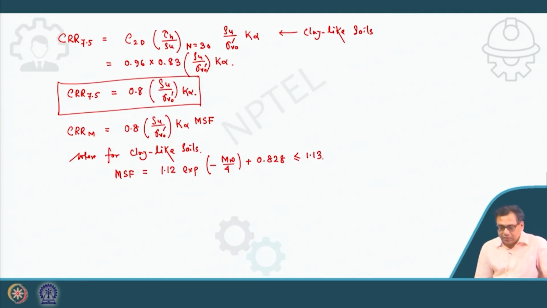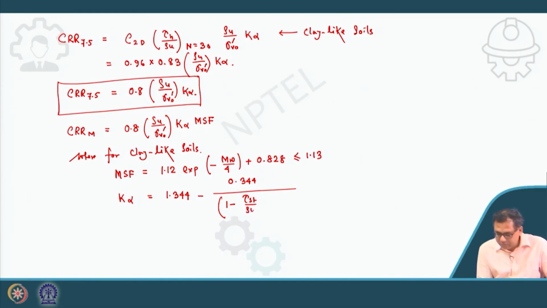That should not be greater than 1.13. And the K alpha expression is equal to 1.344 - 0.344 (1 - tau_st/Su)^0.638, that is for OCR equal to 1.